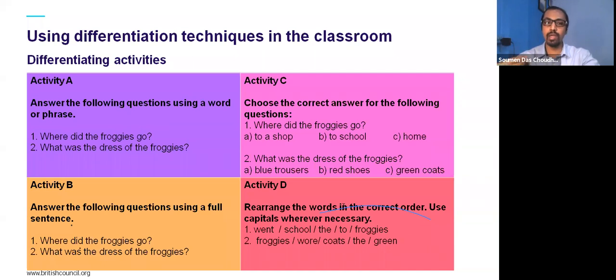Are your learners doing it individually or in pairs and groups? So if you think activity D is more challenging, you can put your learners in pairs or groups and make them do the activity together so that they help each other and promote peer learning as well. There's another aspect to differentiating by process, which Priya will take you through, which is called scaffolding.